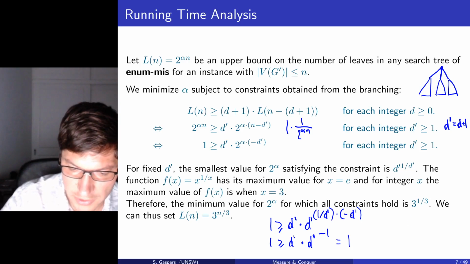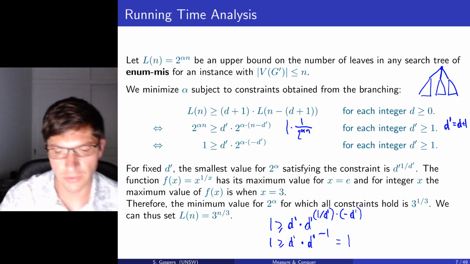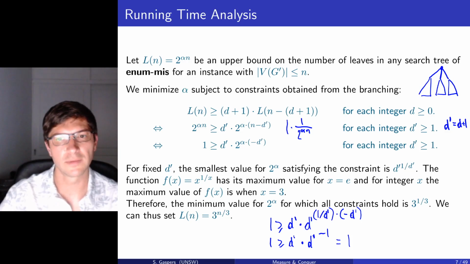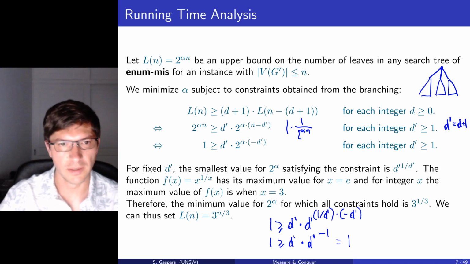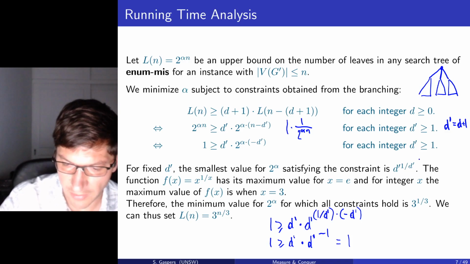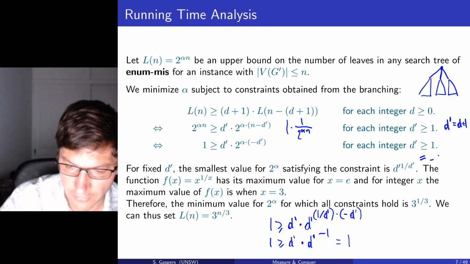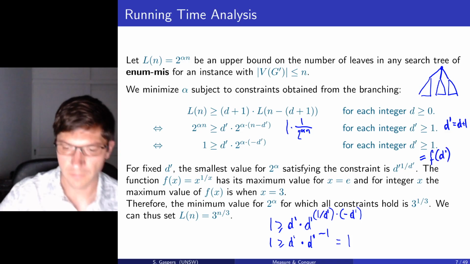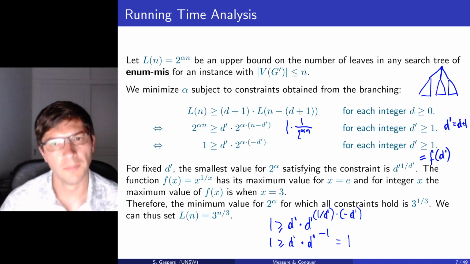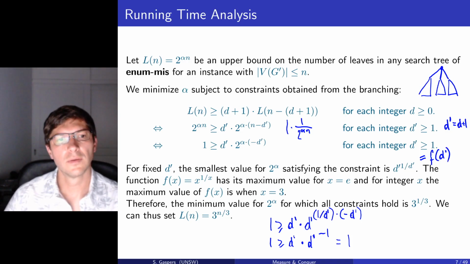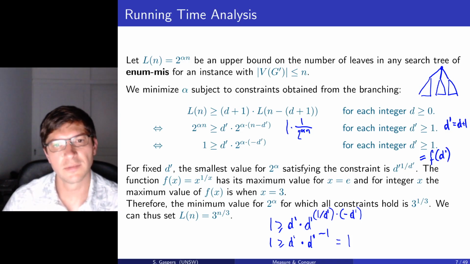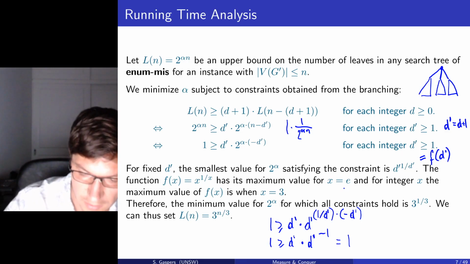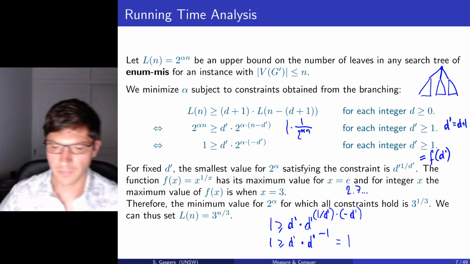Okay, now if I look at this function f of x, which is equal to x to the power 1 divided by x, so basically what I have here is f of d prime. That function has its maximum value when x is equal to e. And so this constant is of course 2.7 something.